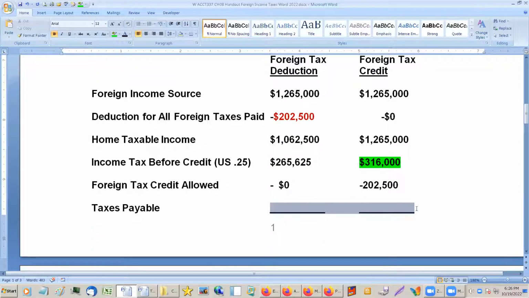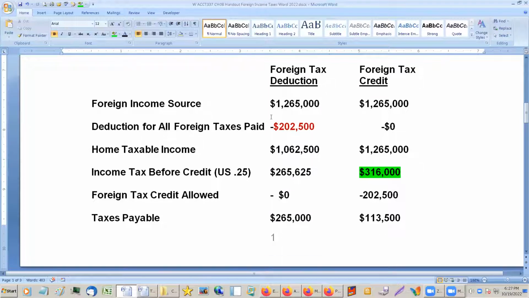So the net taxes payable will be $113. Yeah, okay.